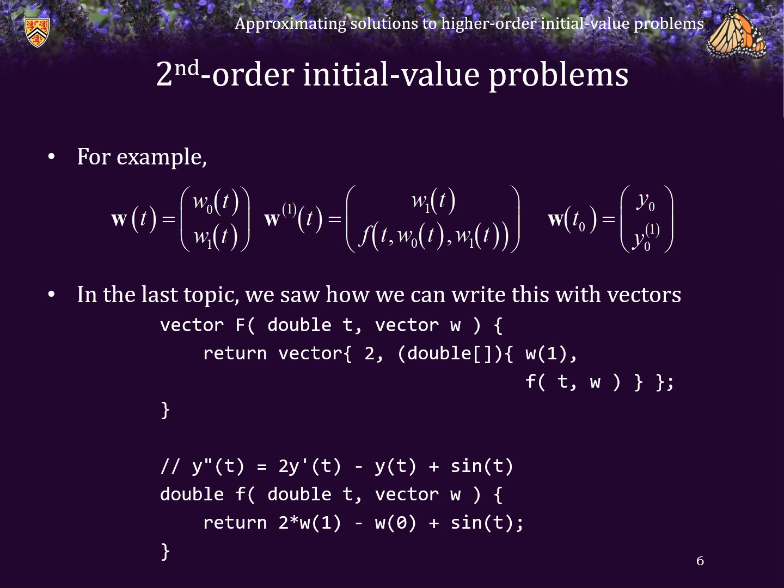In this case, suppose that the differential equation was the second derivative is twice the first derivative minus the function plus sine of t. So in this case, therefore, the function little f would take t as a first argument, w as a second argument, and it would return 2 times w1 minus w0 plus sine of t. All right, that would be it.